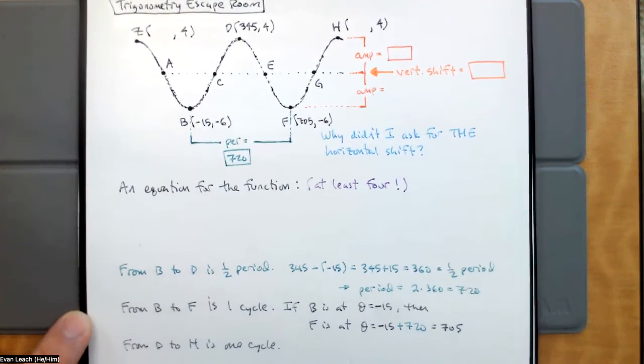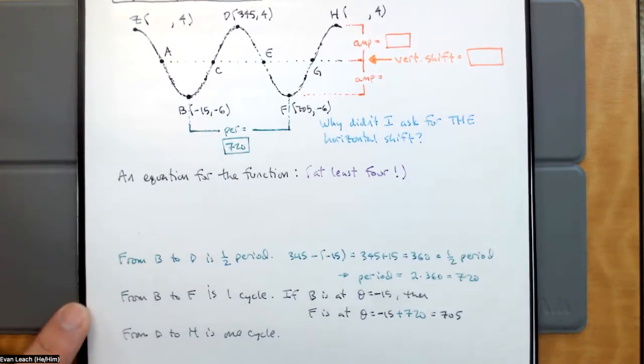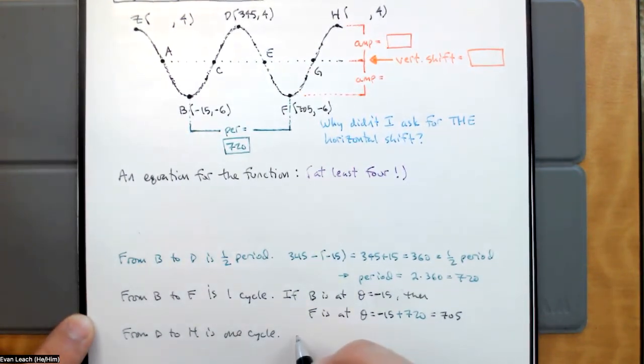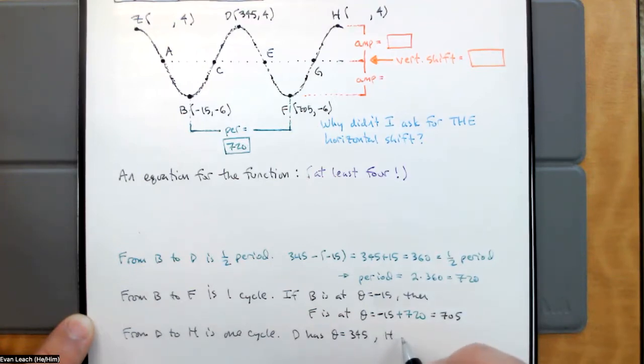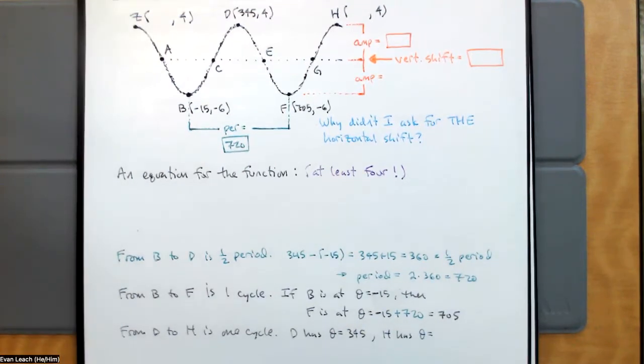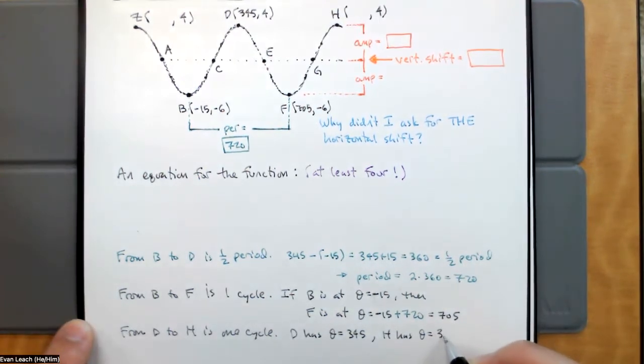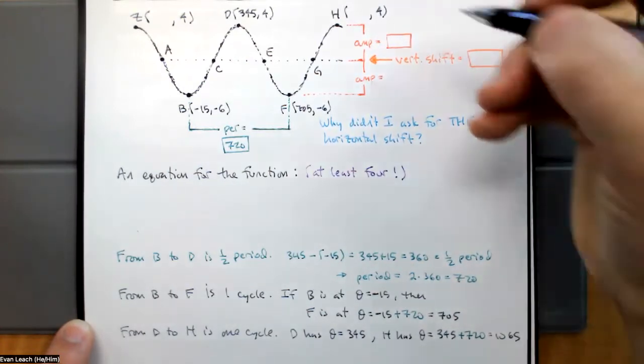So if D is at 345, H has theta of 345 plus a cycle later, so 1065.